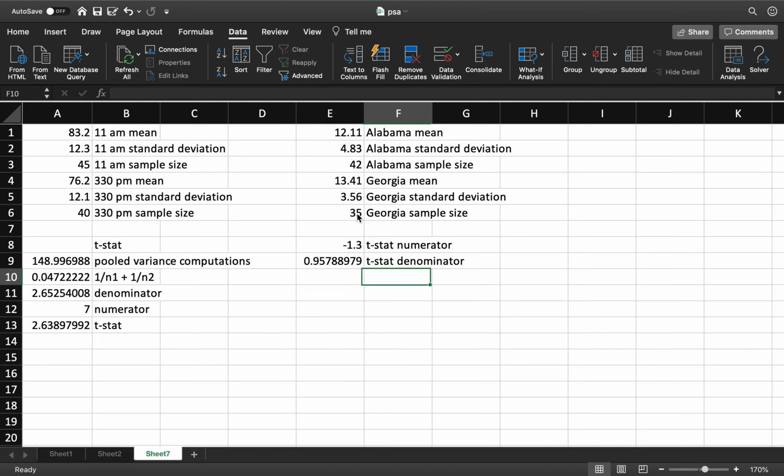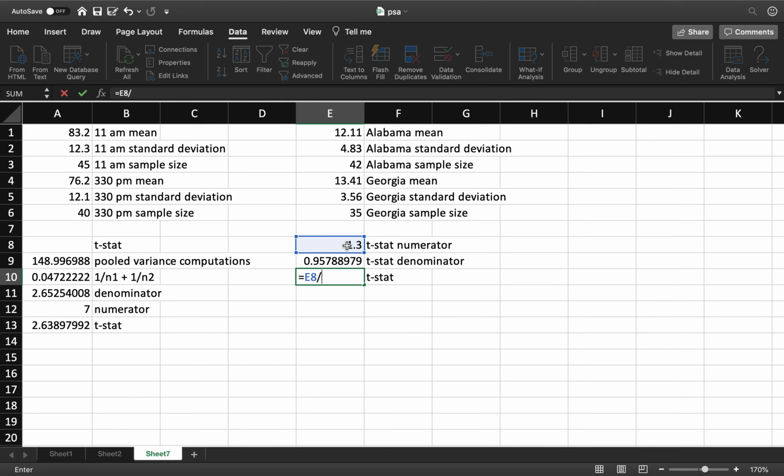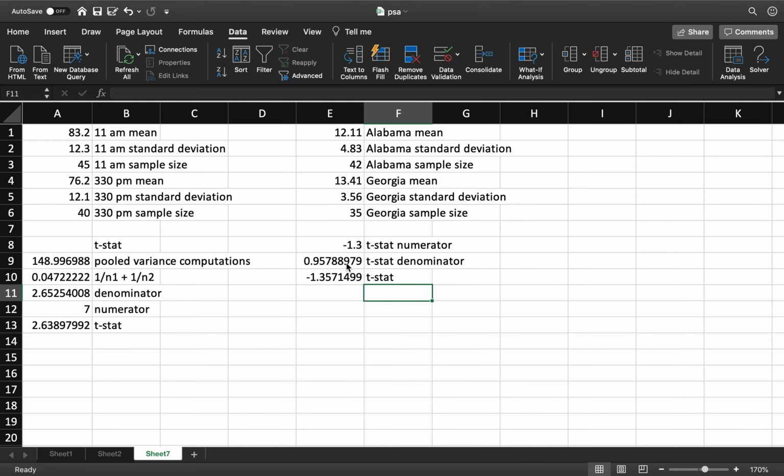That's the denominator. The t-stat is this, minus 1.36. We go to the critical values from row 34.